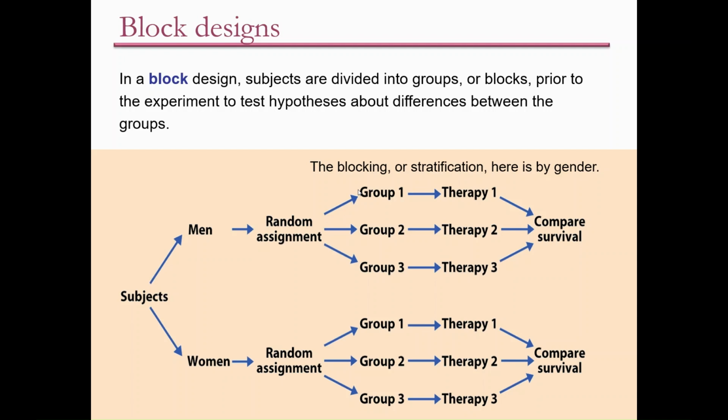And so here, again, we've blocked off men and blocked off women. Okay. Or you can think about this as a strata. We have a strata of men, a strata of women. Okay. And so the men will be randomly assigned the 3 therapies or 3 treatments. Okay. And it doesn't have to be 3. That's just what I have in this diagram here.